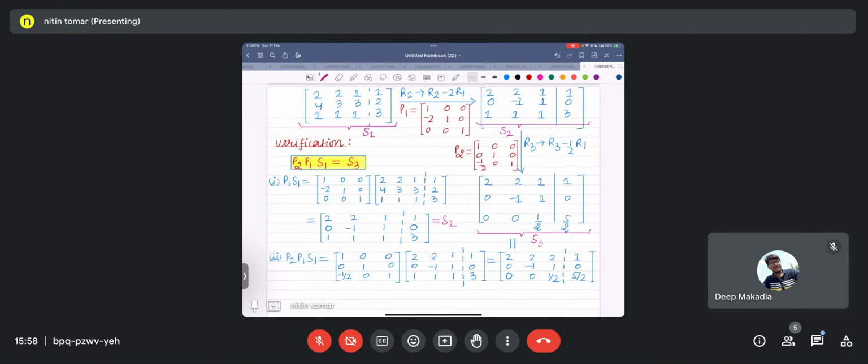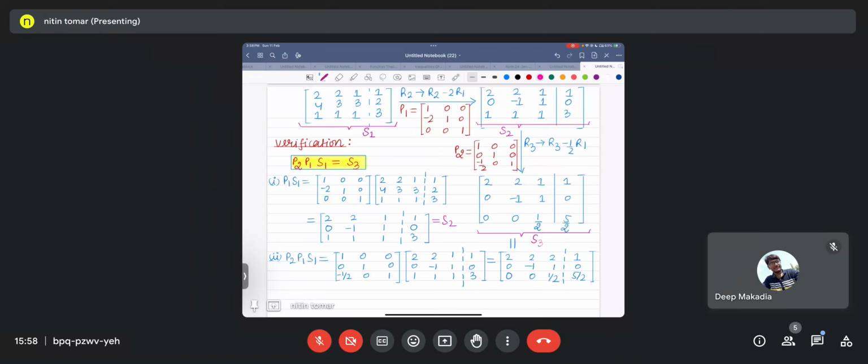Sir, that means the second system is coming in two different ways: first after some row operation, say R2 minus 2 R1, and also after pre-multiplying by some invertible matrix P1.